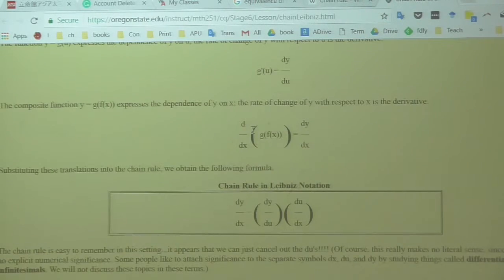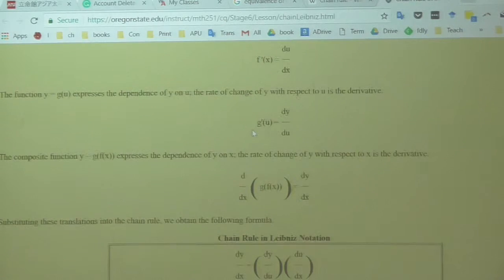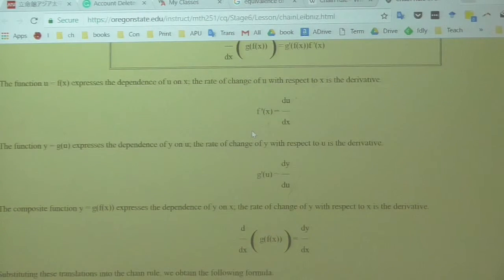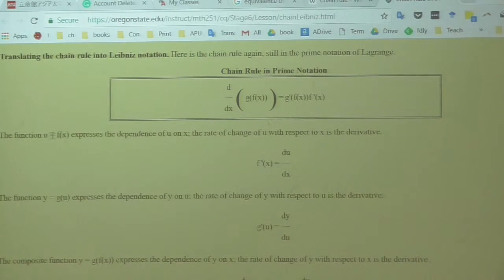That's just like here. This is v as a function of r, but r is a function of t.